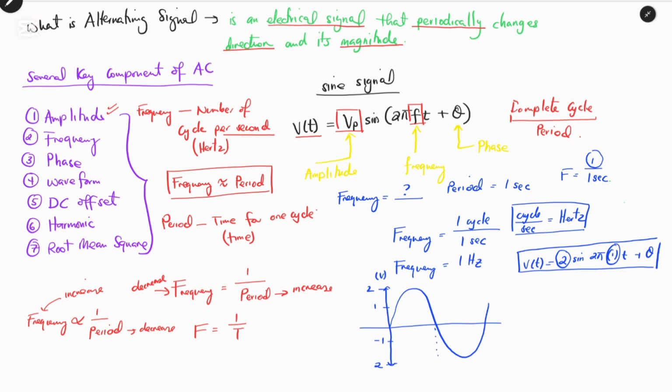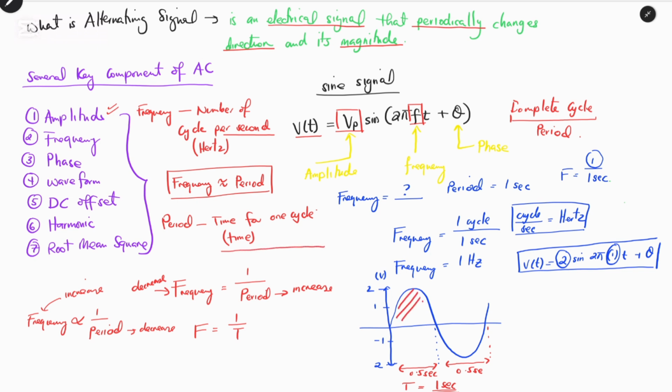Therefore, we know in terms of the time, it is now 0.5 second, and we have another 0.5 second. So we have the period which is equal to 1 second. From our definition, it is the time taken to complete one cycle.